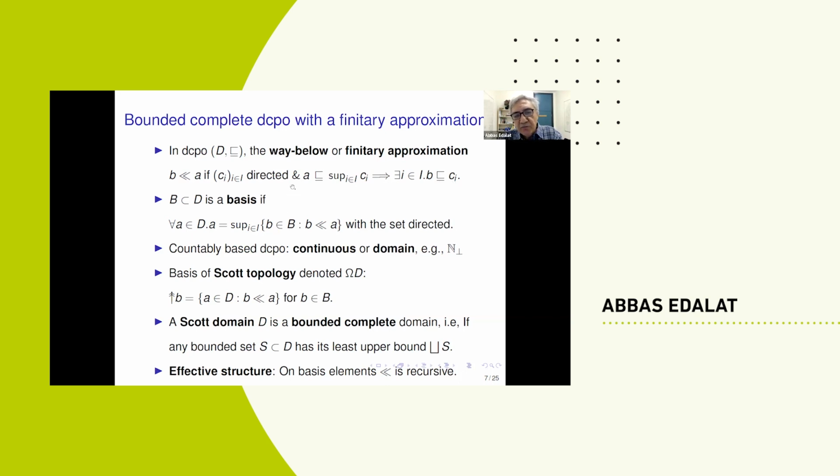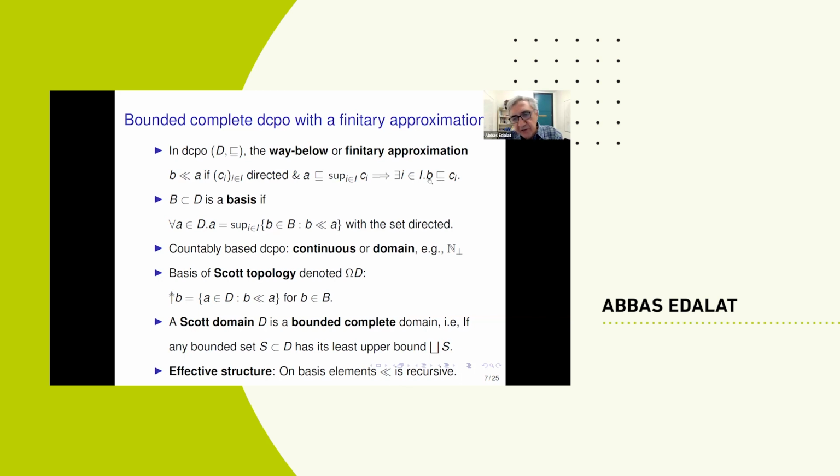So the intuition for Dana Scott here is that the way below relation is a finite approximation, because we can think of these Ci as finite computations, and the totality of the information that we have, which is captured by the supremum of this directed set, if that total information dominates A, then at some finite level, some finite computation in our directed set must dominate B.